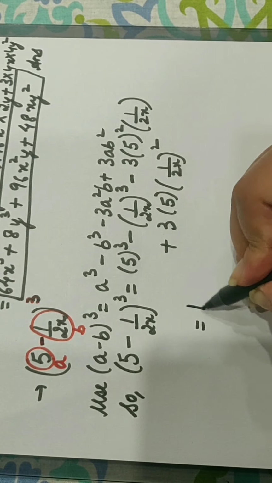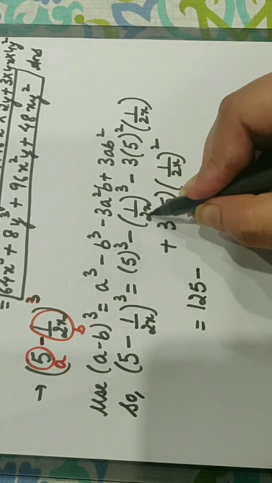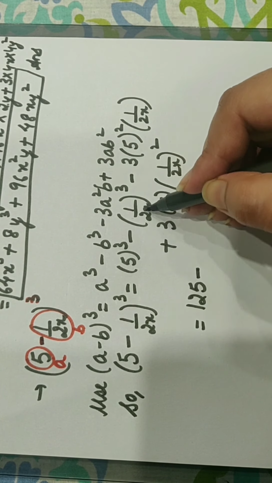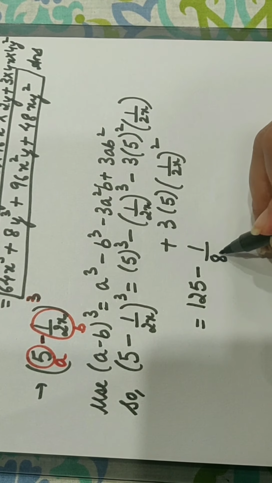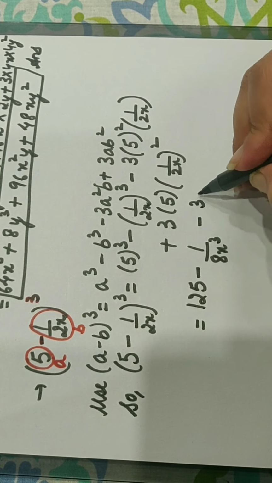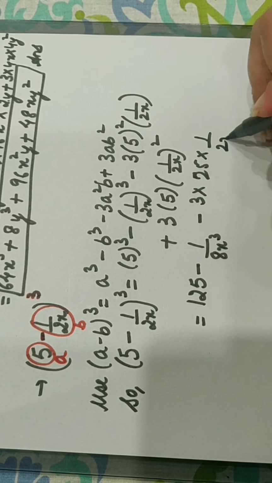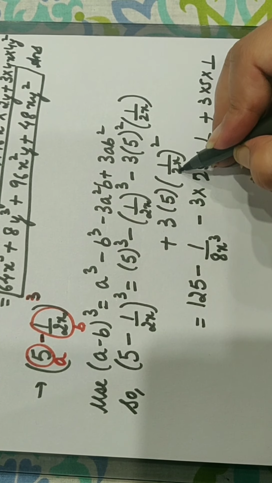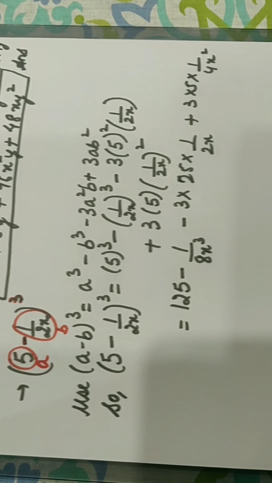5 cube means 125 minus, see this is (1/2x) whole cube. That means this cube is with numerator as well as denominator. So 1 cube is 1 and (2x) whole cube is 8x cube minus 3 into 5 square is 25 into 1 by 2x plus 3 into 5 into 1 by, now see this is (2x) whole square, it becomes equal to 1 by 4x square.